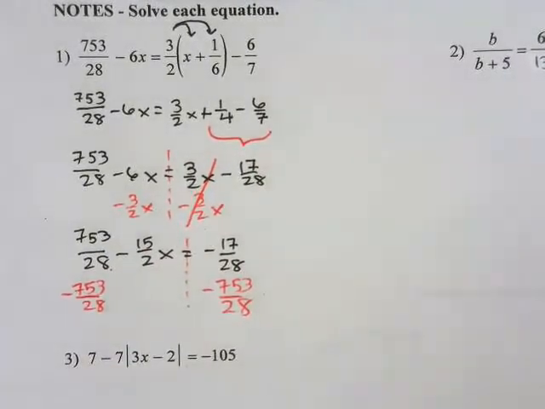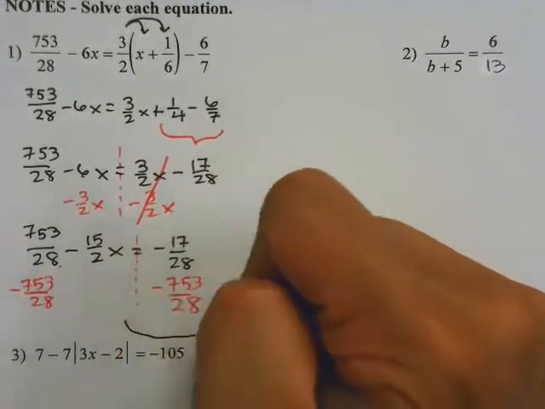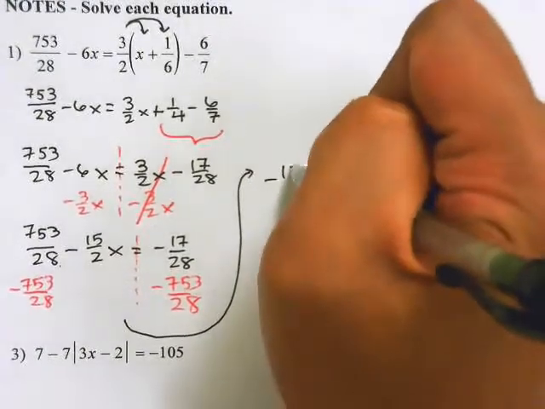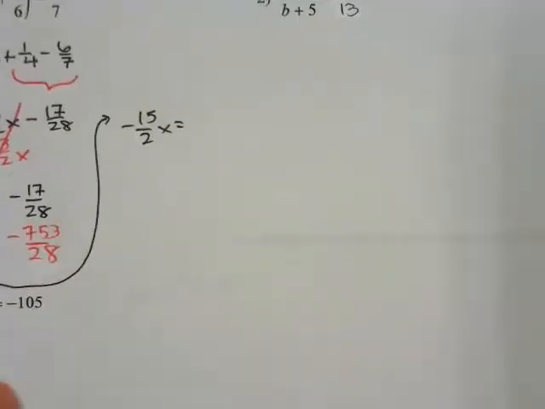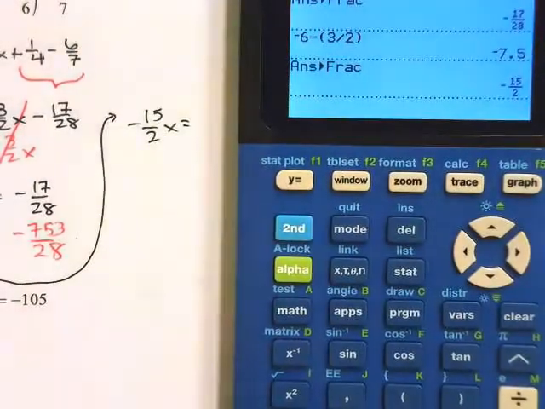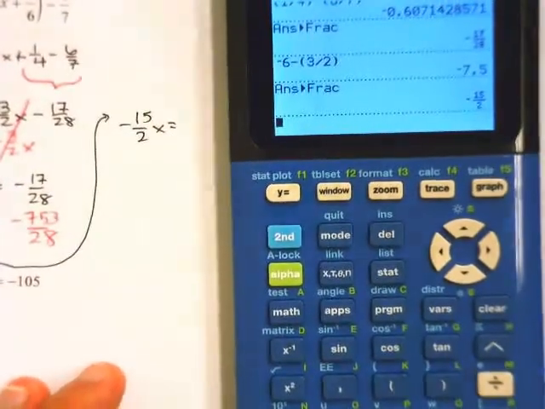I'm probably going to run out of room, so I'll do some of the work over here. Negative 15 over 2x is equal to, probably can't do that. Just zoom out a little bit.